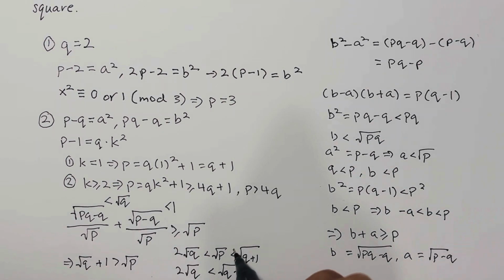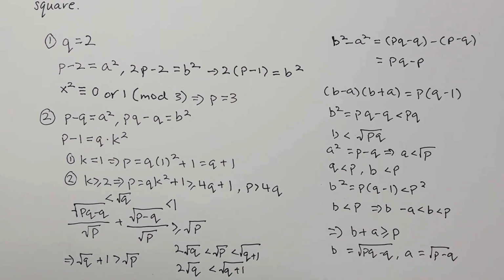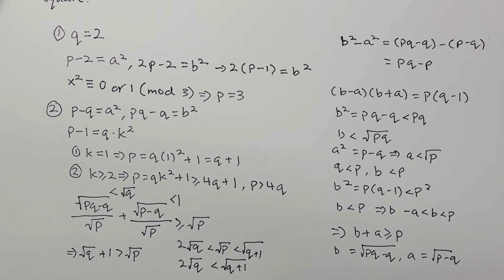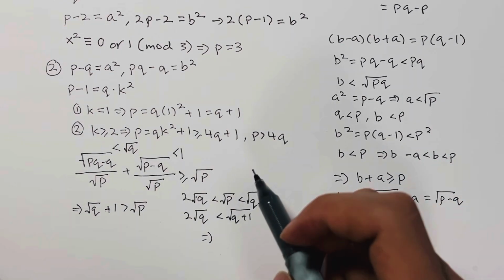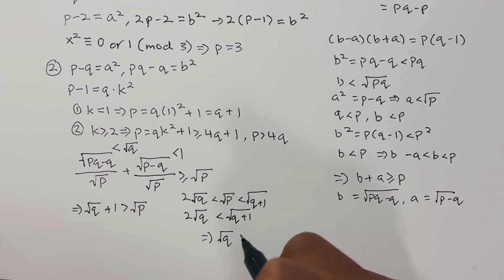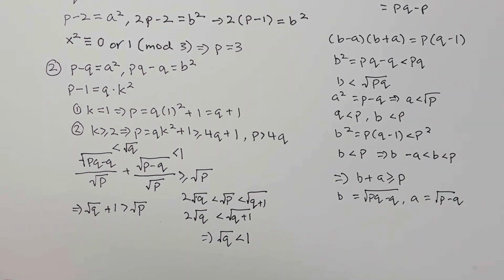Subtract square root q from both sides, so we get that square root q is less than 1. And this is impossible, because it would imply that q is less than 1, however q is a prime number. So the assumption that k is greater than or equal to 2 leads to a contradiction. The assumption that k equals 1 leads to no solutions for all primes. Therefore, there are no solutions for q greater than 2.